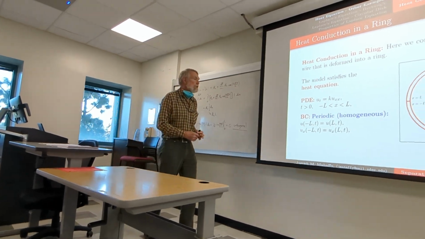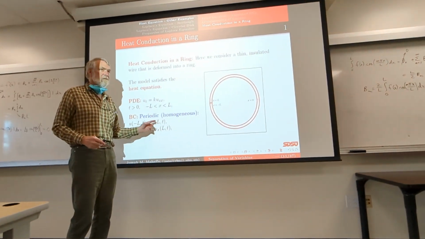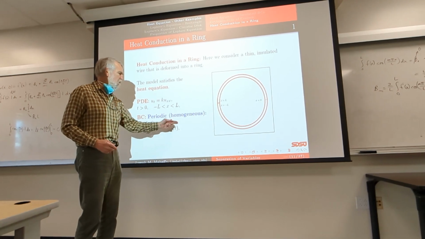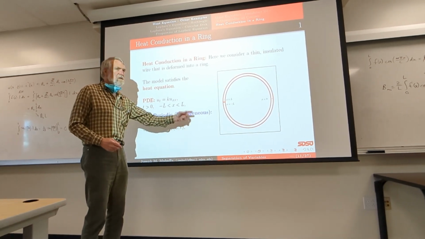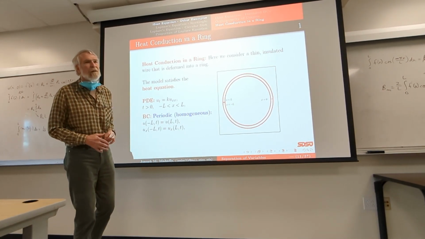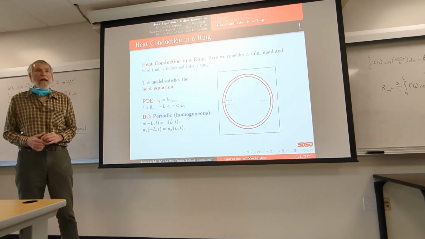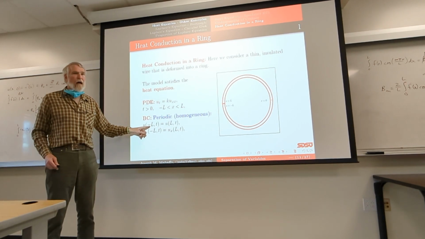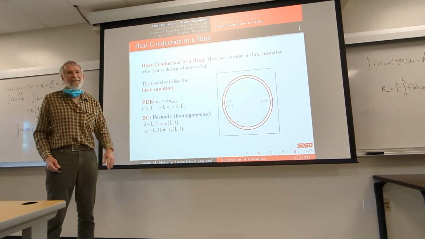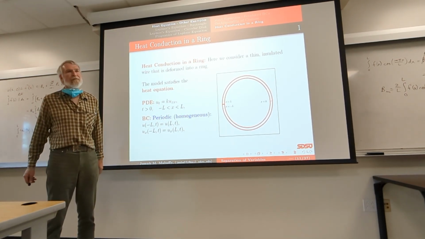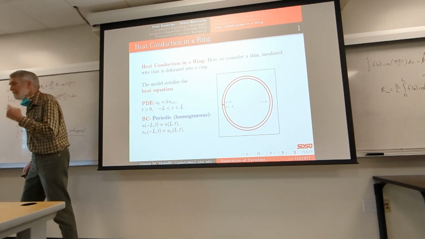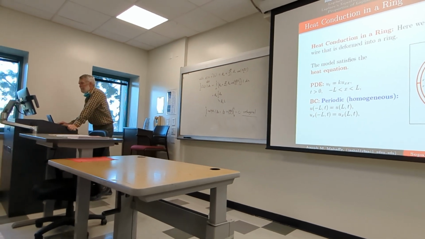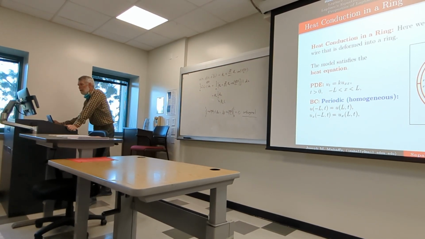It's going to be homogeneous because when I subtract, it's 0. This minus this is equal to 0. And as you're pointing out, if this temperature is 5 and this temperature is 5, you subtract it out, you're still at 0. Okay. So there's our particular heat conduction ring.